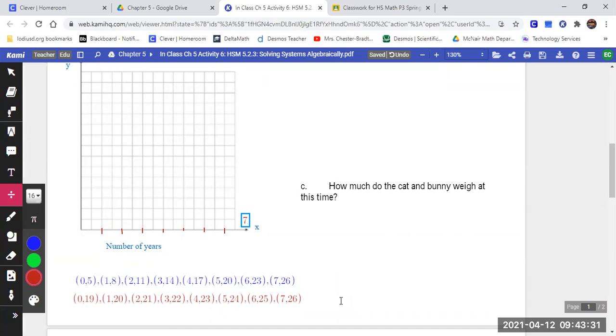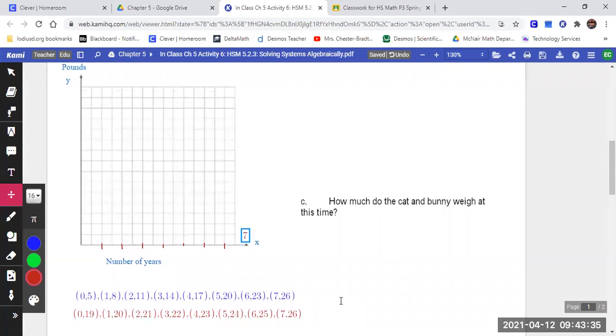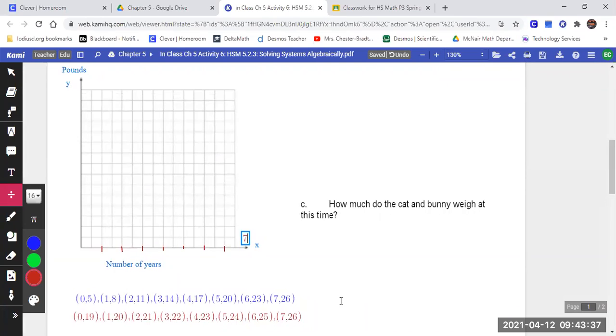How many lines do we have to work with? 15 again. Can I skip? Because how high do I need to go for weight, for our pounds?